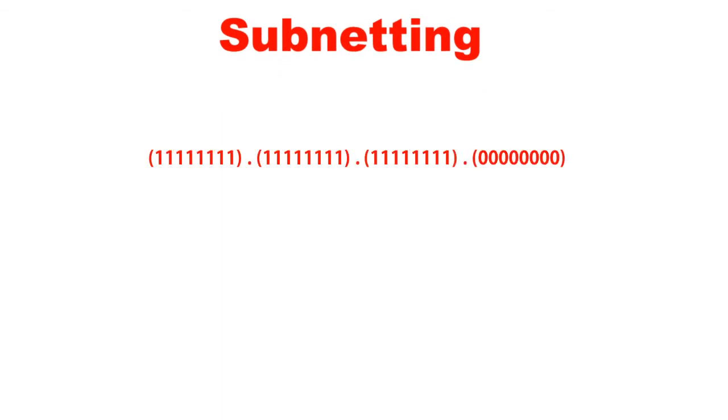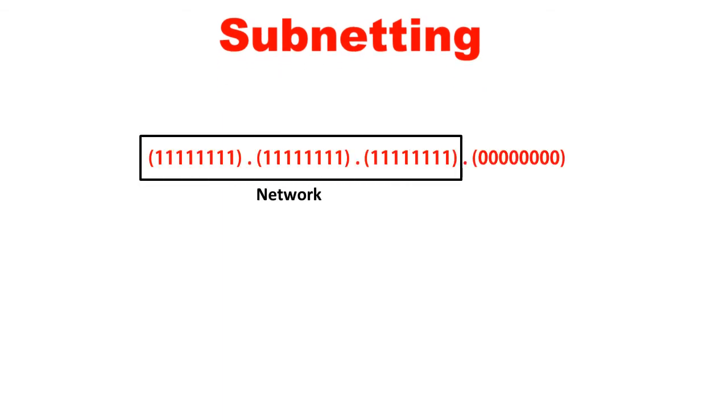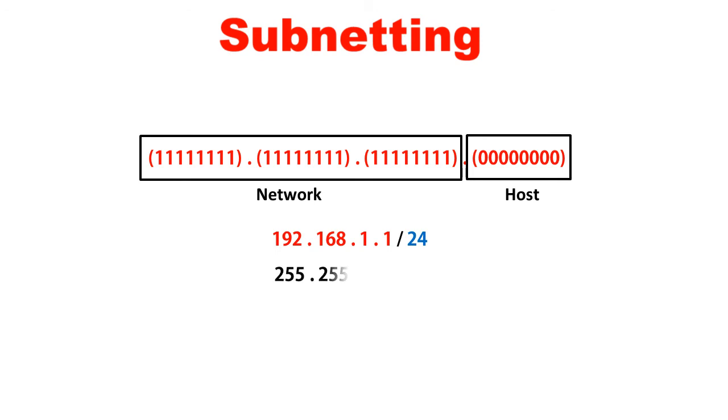Let us understand that all network octets hold ones and all host octets hold zeros. Now take a class C category IP address 192.168.1.1, and the default subnet for this IP address is 255.255.255.0.